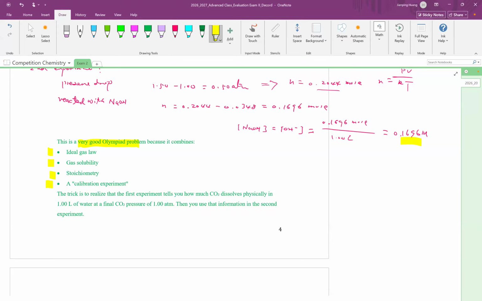The trick for this one, for first experiment, you need to find physical, not a chemical change, physical change, how much dissolves in the water. Then use a second experiment to calculate how much sodium hydroxide used, reacted. We know the volume, you know the molality. Very nice, okay?